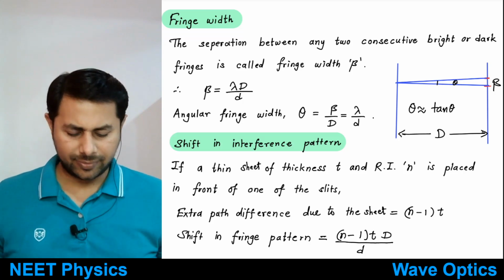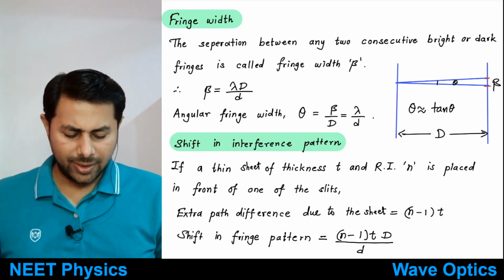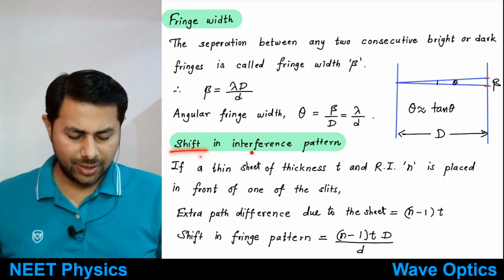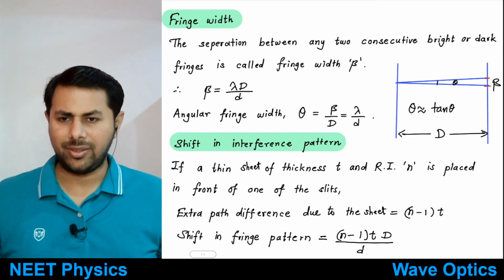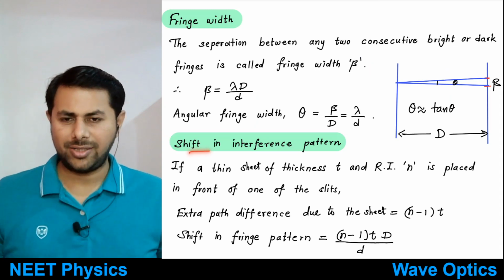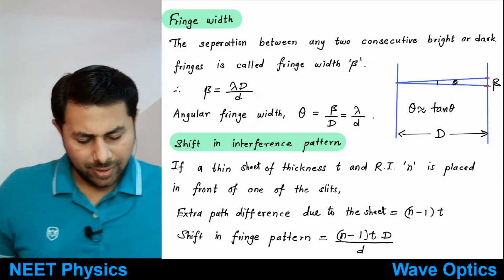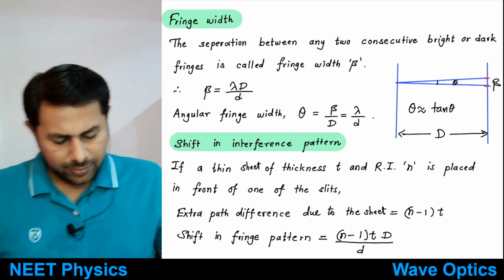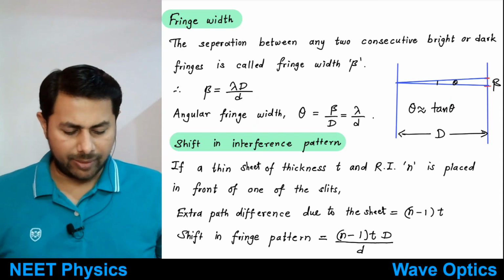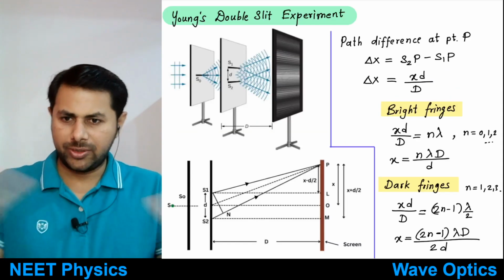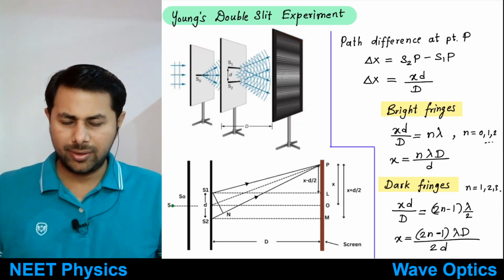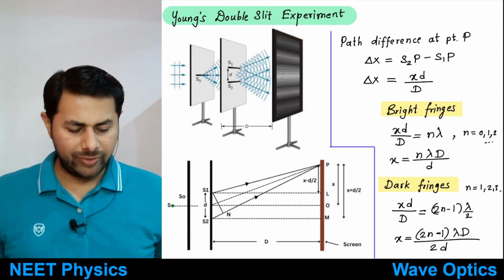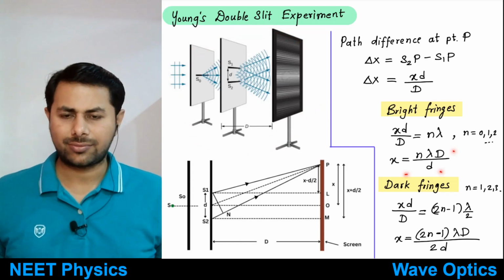Okay, good. And then next is shift in interference pattern. So now suppose you change the medium. Then what will happen? Suppose there is some water, you take this apparatus and drop it in water. Then which of these things would change?